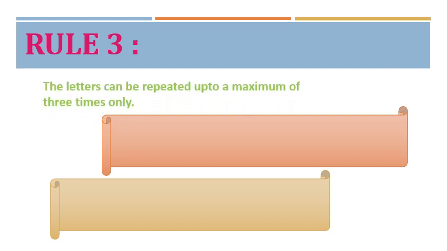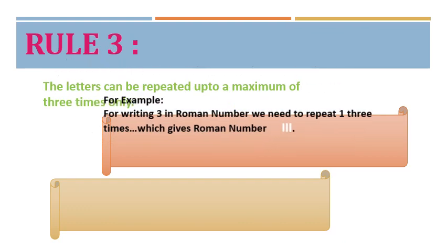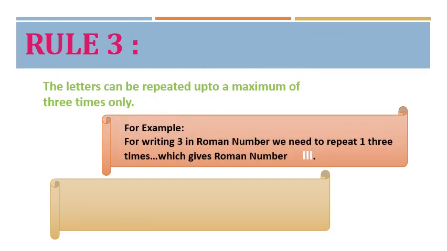Now, rule number 3 says that the letters can be repeated up to a maximum of 3 times only. That means the letters used in Roman numbers can be repeated, but only a maximum of 3 times. Let's see an example now.